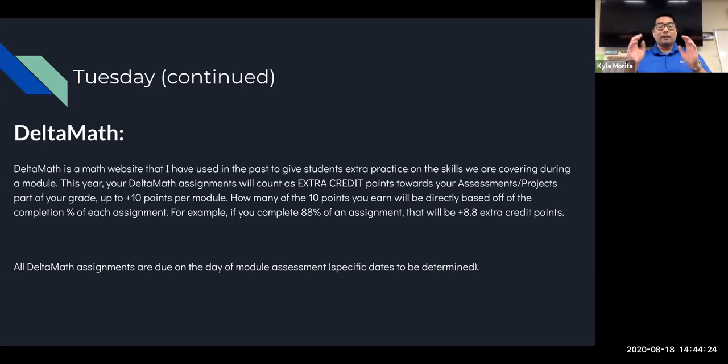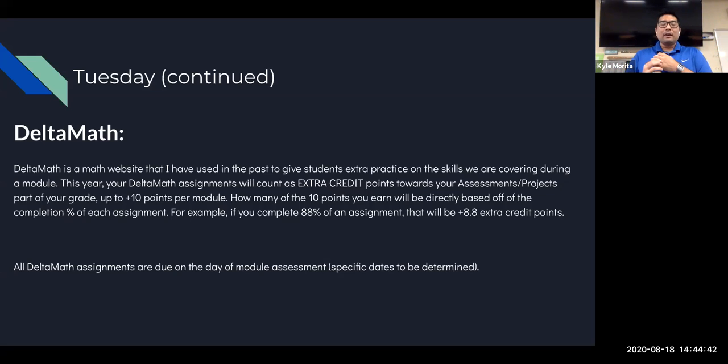So 100% out of 10 is 10. So you would add 10 points to your test score, which means your 70% becomes 80%, which means your C minus has become a B minus. So it could potentially raise your test score a full letter grade.